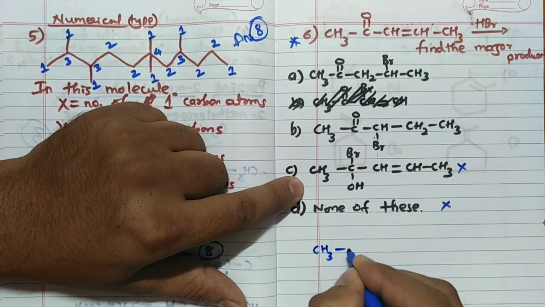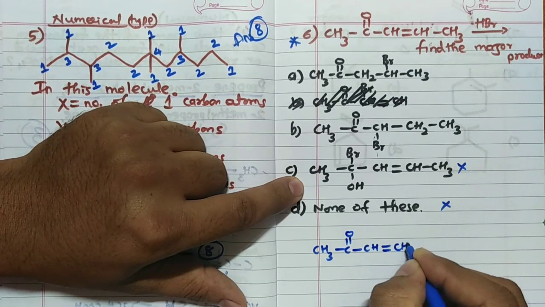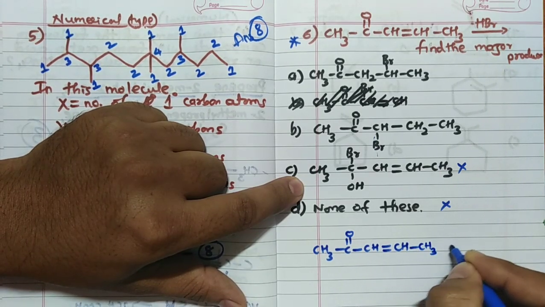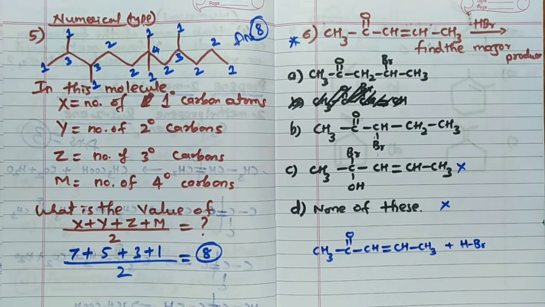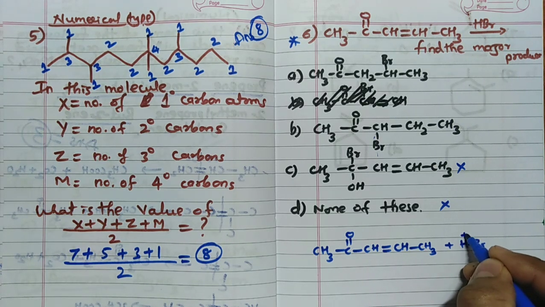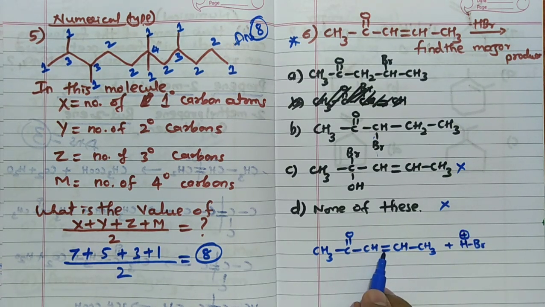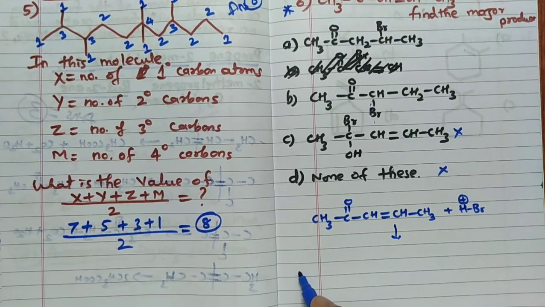See, whenever you have CH3 C double bond CH, CH double bond CH, CH3 plus HBr, remember the mechanism of this. First, H plus attacks the doubly bonded carbon, so that a carbocation is going to be produced. Which type of carbocation? Two types are possible.